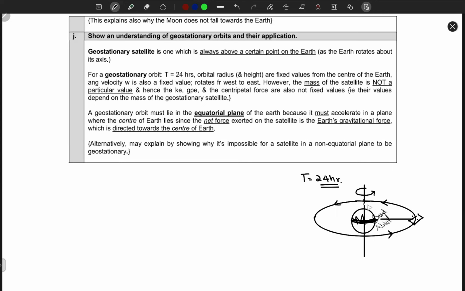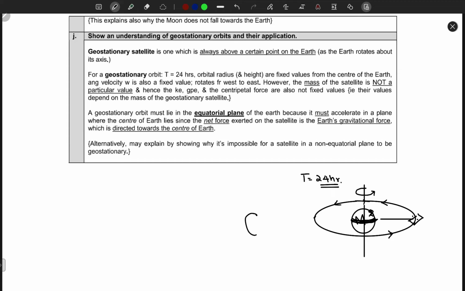Now, if the orbit of the satellite is in the same direction as the rotation of the Earth, then you would have a time period of 24 hours. And the satellite will remain over the same point above the Earth's surface. To an observer who stands on the Earth, the satellite will appear as though it's stationary, as if it's not moving.